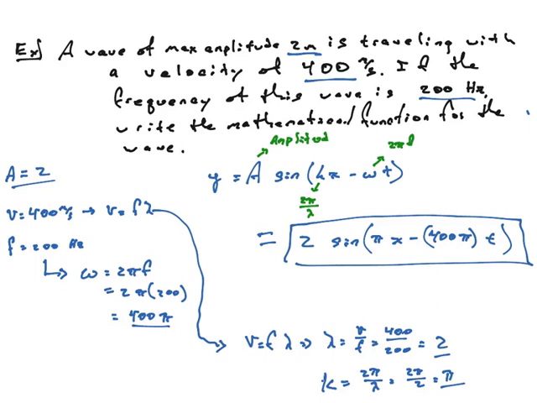You should then be able to look at what's boxed as the answer, take this mathematical function, and write out for me what all the characteristics are. What are the characteristics of this wave? Now, this wave has a max amplitude of 2 meters. Its wave number is pi, and its angular frequency, omega, is 400 pi. You should be able to do that.